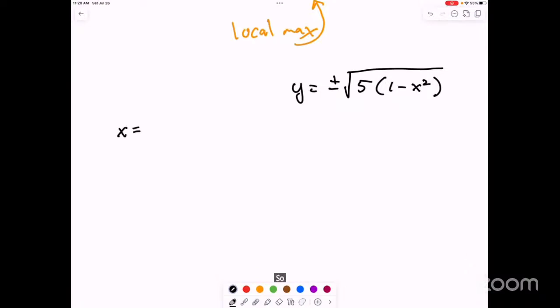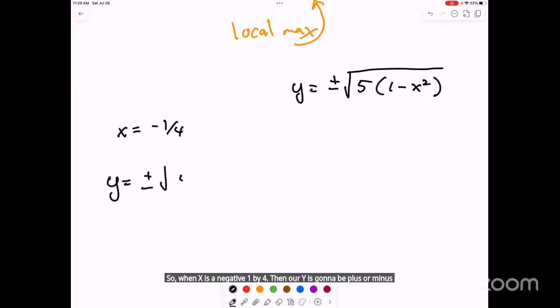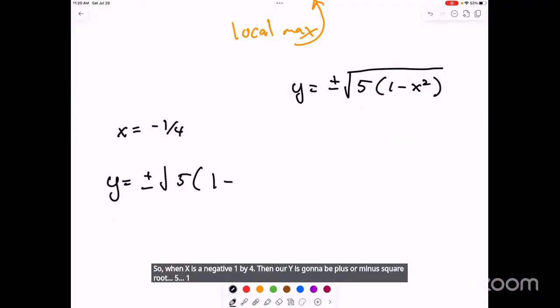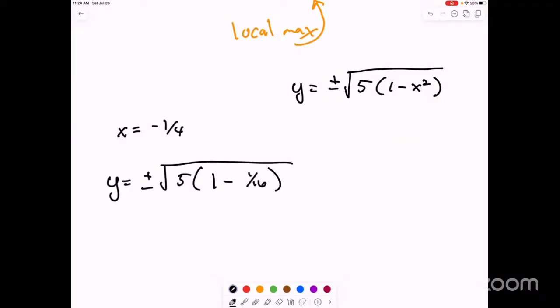So when x is -1/4, then our y is going to be plus or minus the square root of 5 times (1 minus 1/16, positive). So then 16 minus 1 is 15/16.